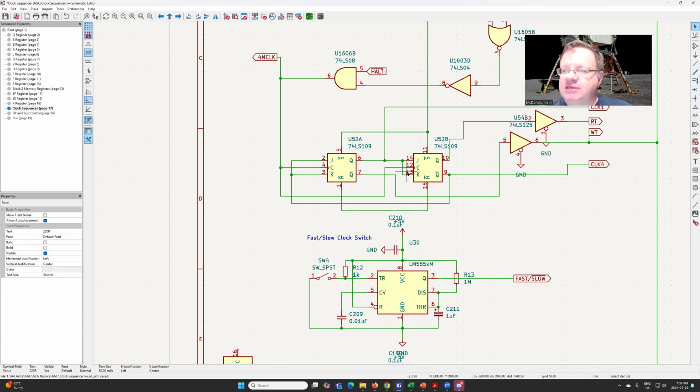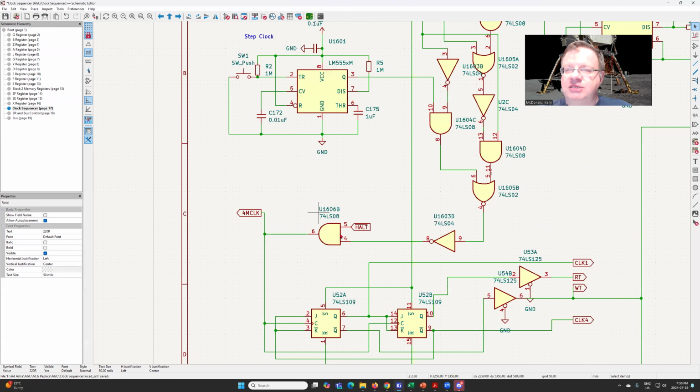This simplifies it so we can use a couple fewer inverters, but it took some troubleshooting to understand why my clock wasn't working, because I first assumed this was just a JK flip-flop and that this input wasn't inverted. They should probably have a little circle here to show it's an inverted input, just like you have on the 555.